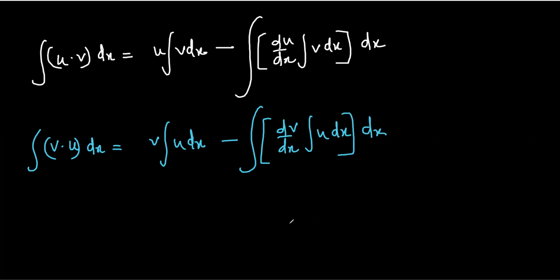See here, after this, I know one more question you all must have got, and that question would be that uv is the same as v into u. Yes, that's true. u into v and v into u are the same.